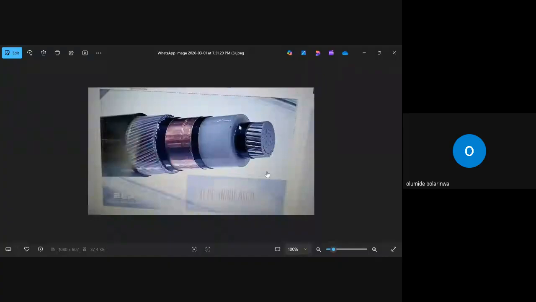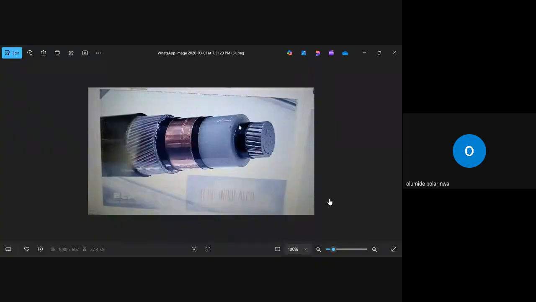Any other cable that you know is of standard like these three? Nobody is responding. If I mention another cable for you now, you can't even tell me, because it's not in existence.